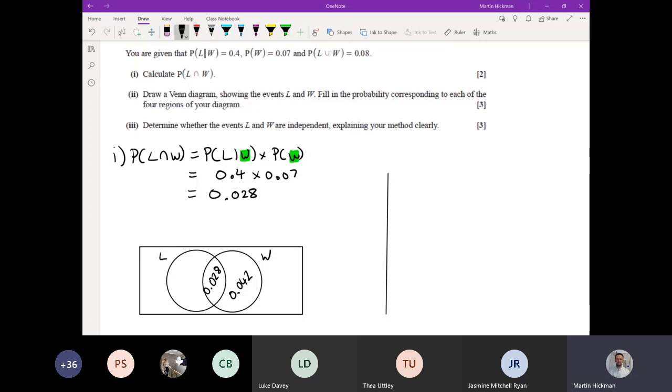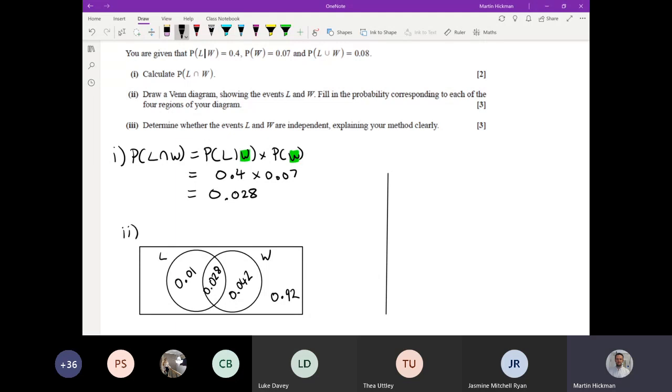So everything in these circles needs to add up to 0.08. So we need a 0.01 there. Yeah, again, this is all just from doing it on your calculator. You can check these later if you don't believe me. And then we just need to complete the rest of the Venn diagram. So we need a 0.92 on the outside here, because everything inside the rectangle has to add up to 1. So that's your part 2 done.